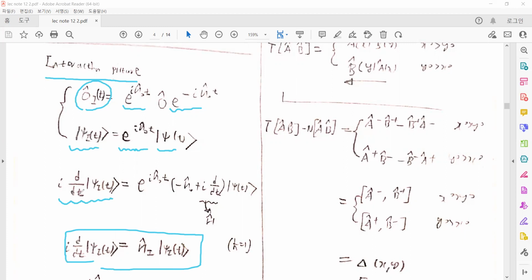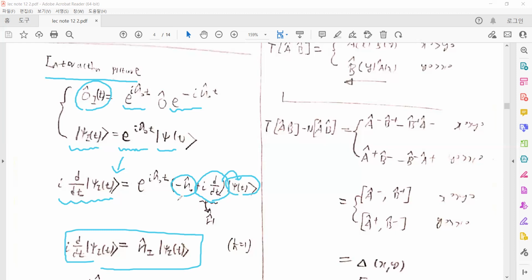The time derivatives of the interaction picture quantum states are given like that from this definition. And we know that there will be some minus H0 coming from the exponential factors, and the i d/dt coming from the time derivative acting on the quantum states.